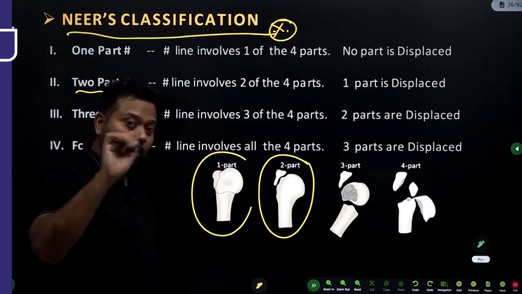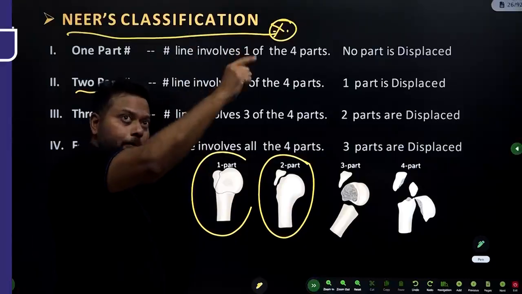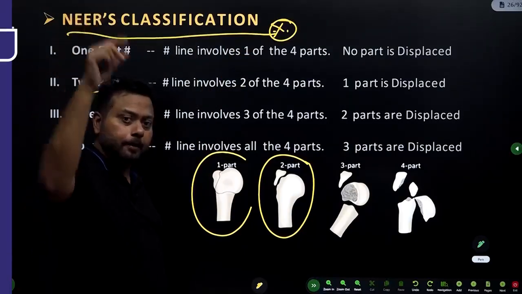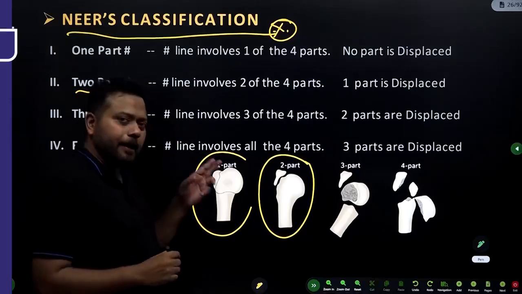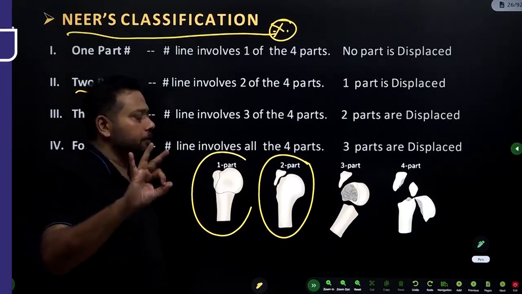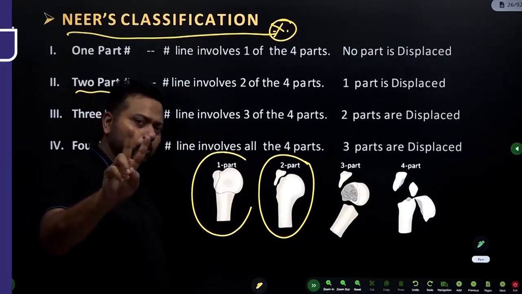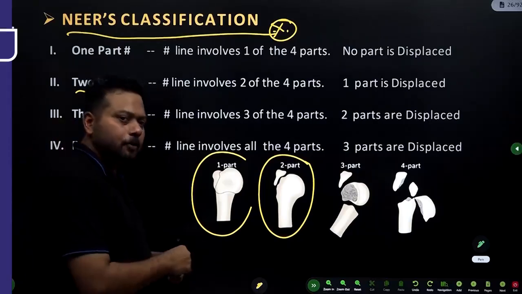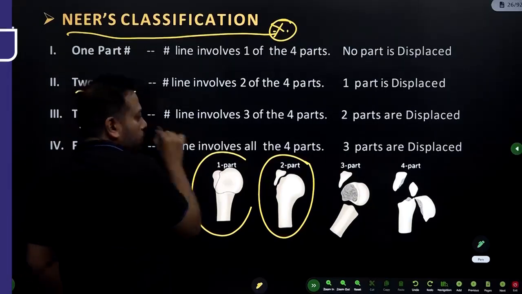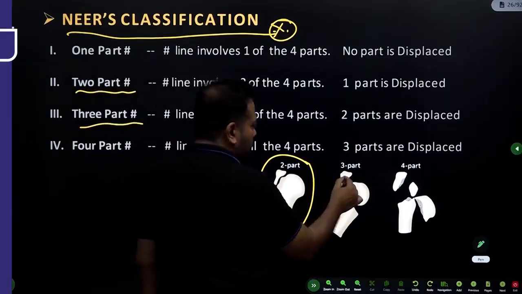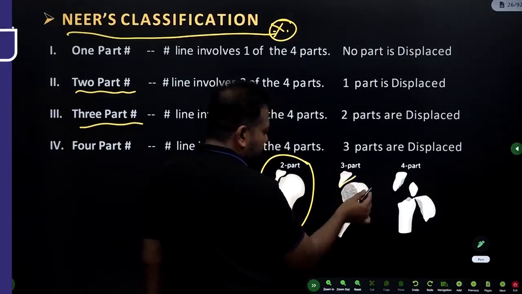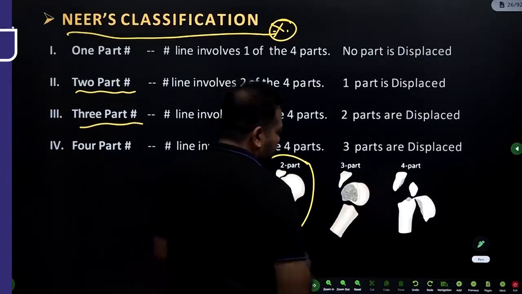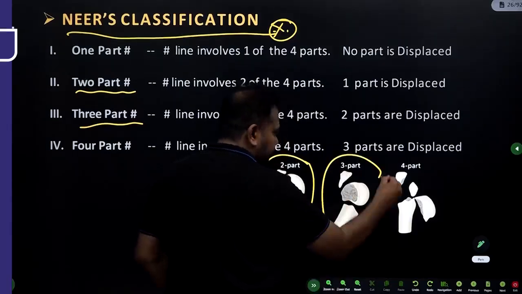When a fracture line involves 3 out of 4 parts and 2 parts are displaced, that is called a 3 part fracture. Look at this diagram: 1, 2, 3, 4. 3 parts are involved, 2 parts are displaced. This is called Neer's 3 part fracture.